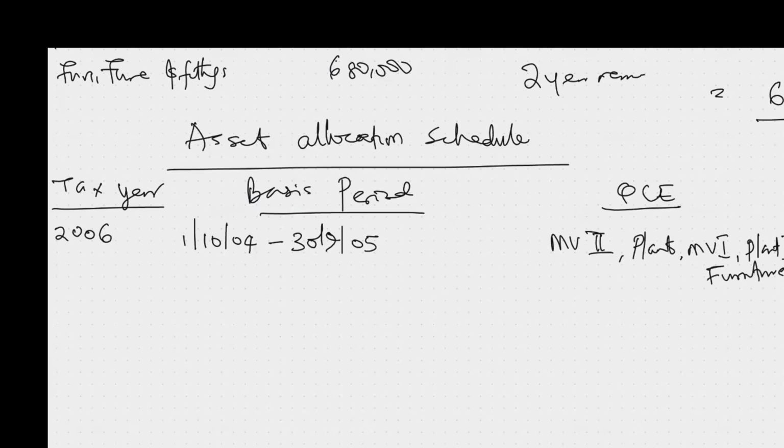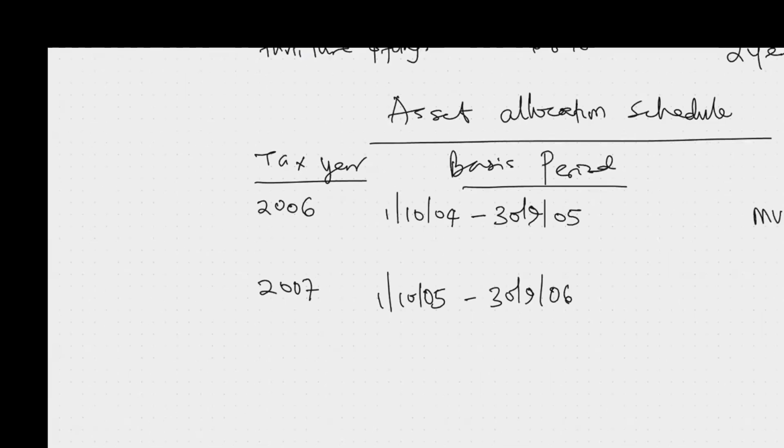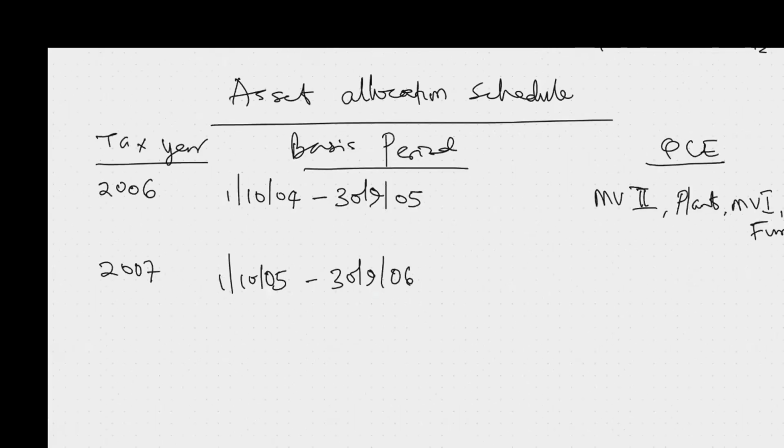All will be brought in the first year, in 2007. 110.05 to 39.06. Which asset will fall in that period? Machinery. Which other one?